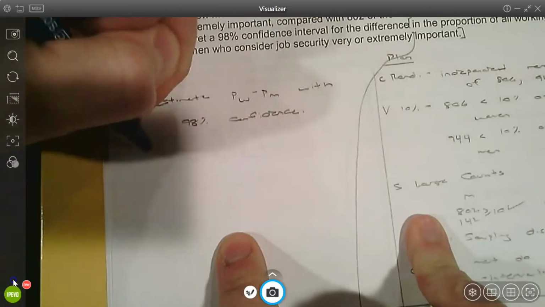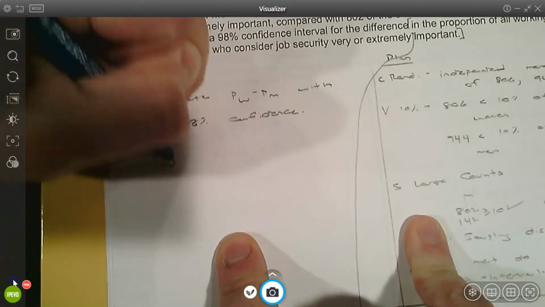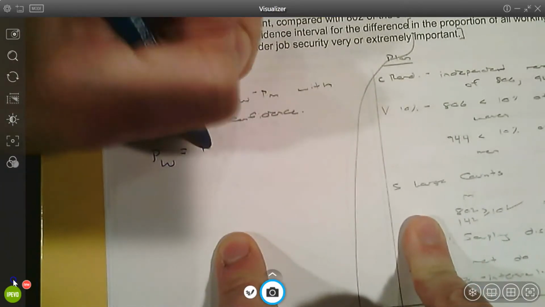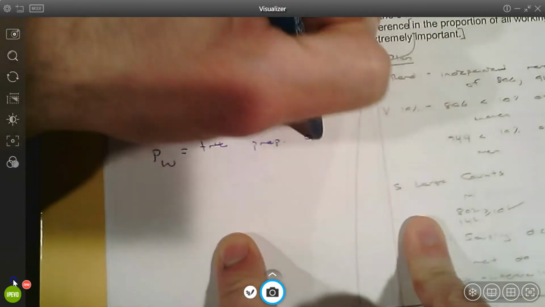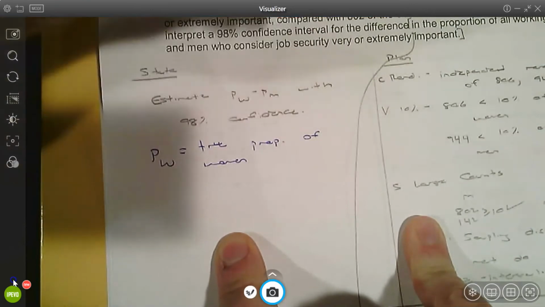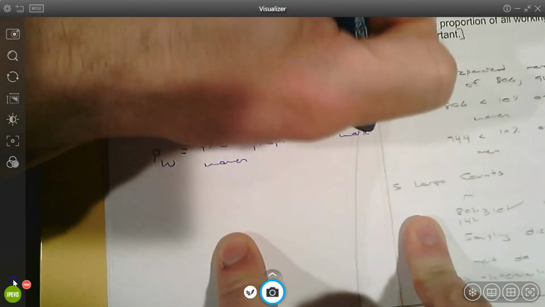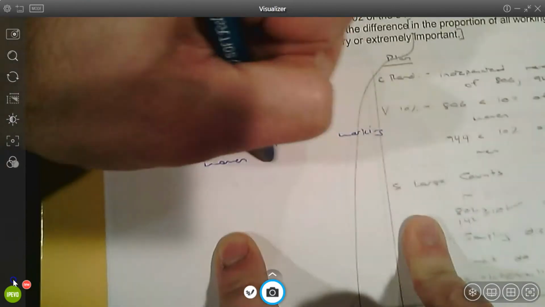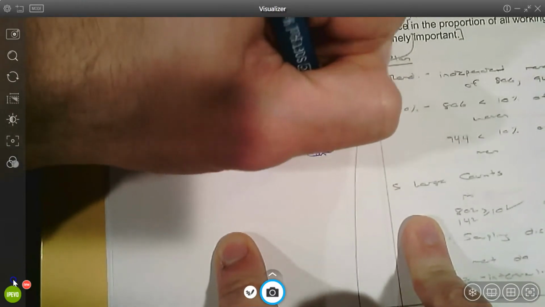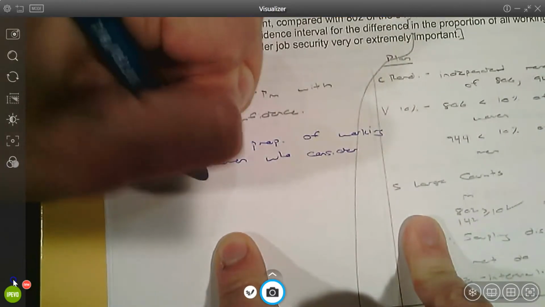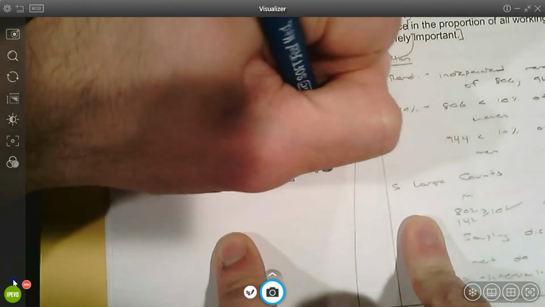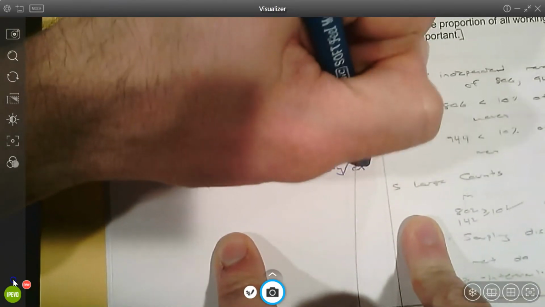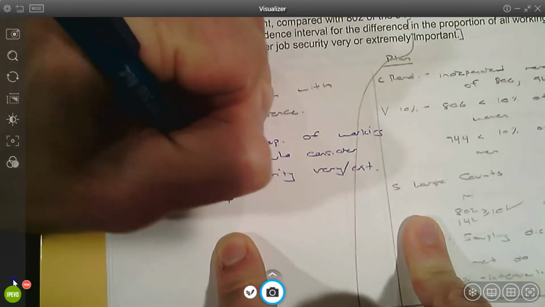So let's define things. P sub W is the true proportion of working women who consider job security very or extremely important.